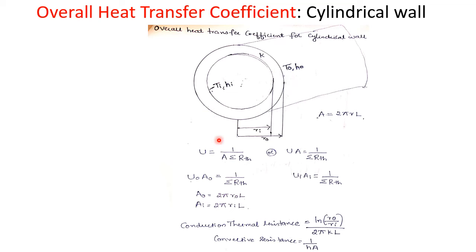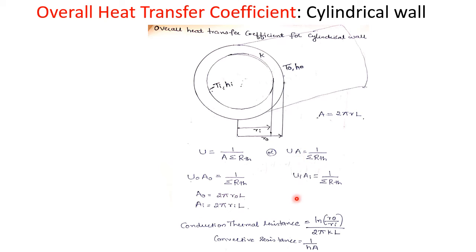So let us write the equation for overall heat transfer coefficient based on the outer surface of the cylinder, where U0 A0 indicates outer surface area, where U0 indicates overall heat transfer coefficient based on the outer surface area of the cylinder, where U0 into A0 is given by 1 divided by sigma of thermal resistance, and Ui into Ai is again 1 divided by sigma of thermal resistance.